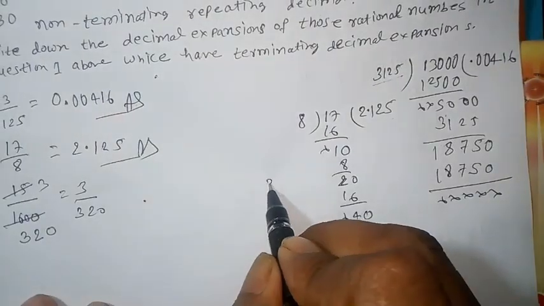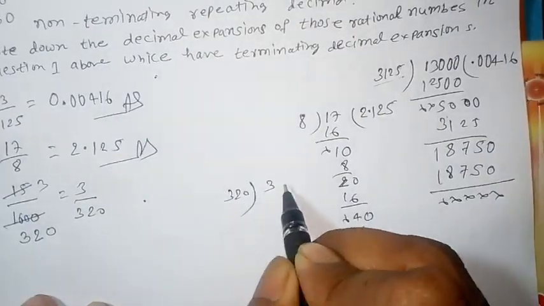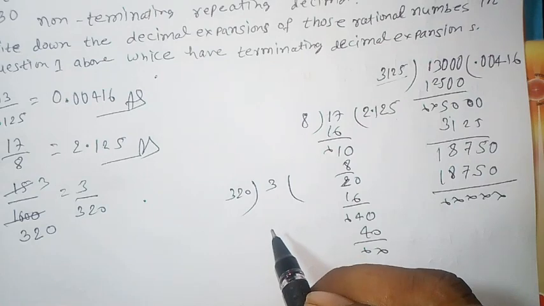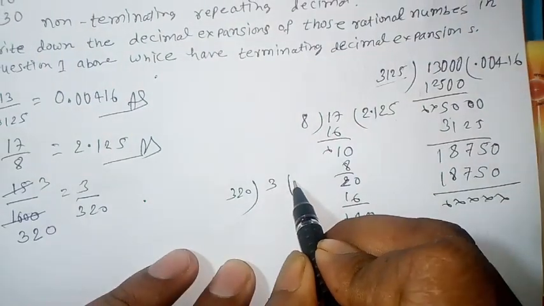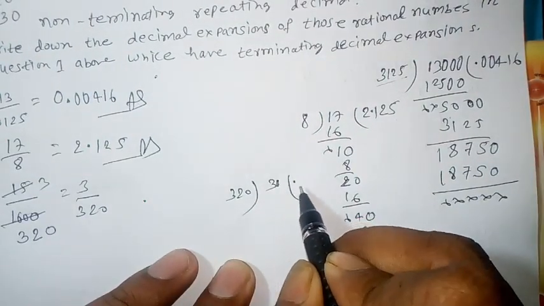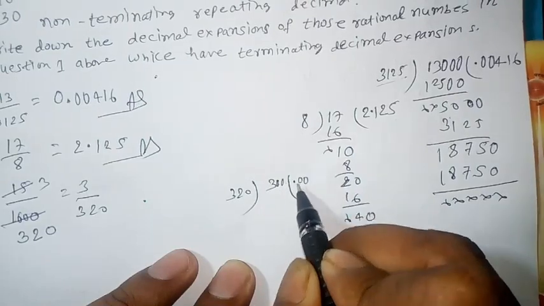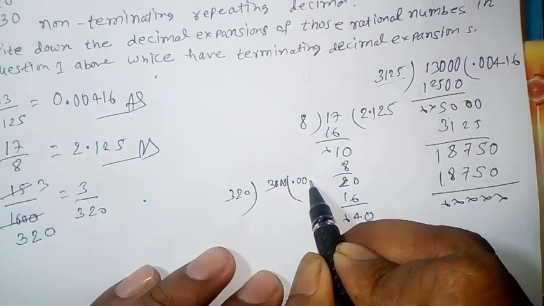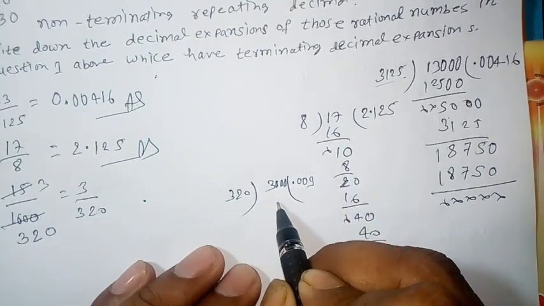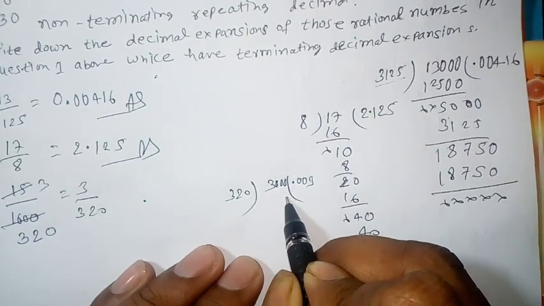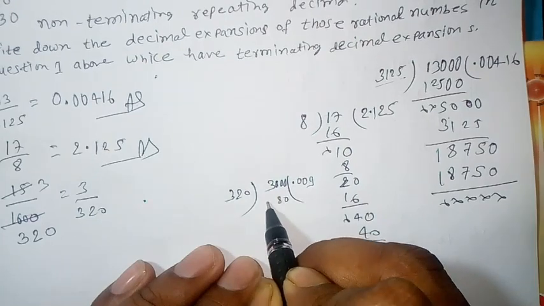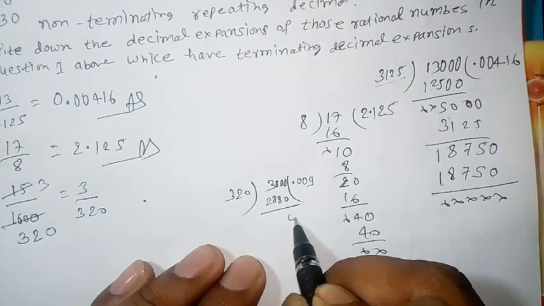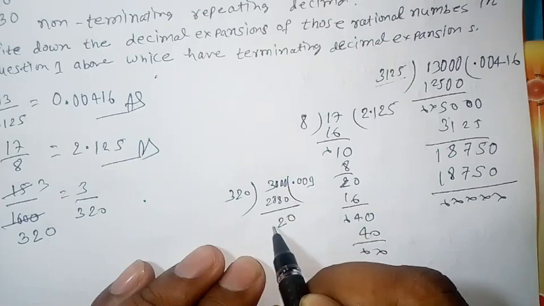Now 3 is divided by 320. Putting the decimal, then I get 0, again 0, again 0 and again 0.